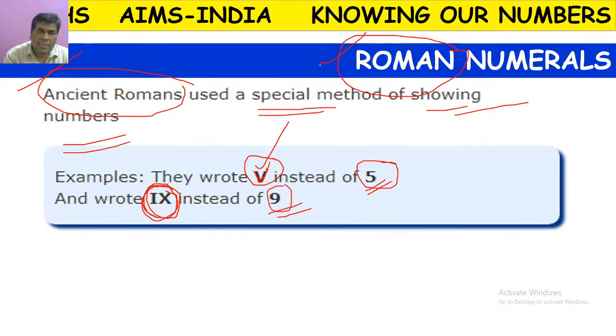We call that system the Roman number system or Roman numeral system. Where do we come across Roman numerals? Do you have any idea? Nowadays also, we make use of Roman numerals. Can you guess where we use them?